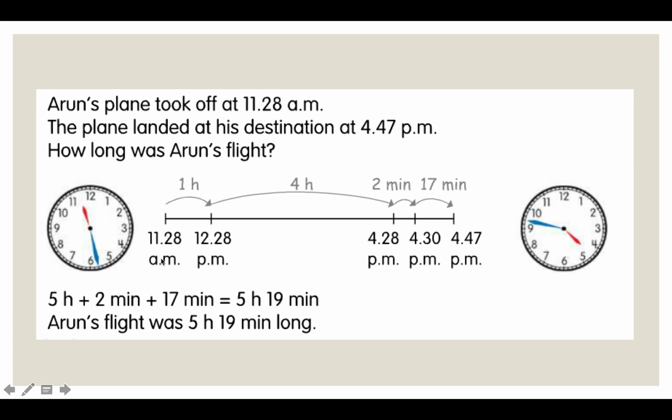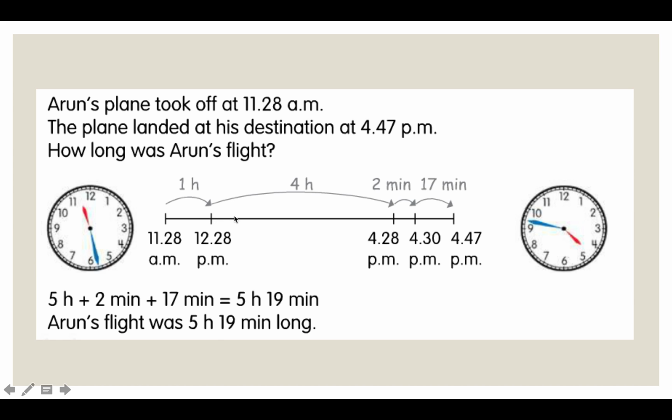11:28 a.m. we need to change it to p.m. first so that you don't end up writing 11, 12, 13, 14, 15 and you realize that you cannot reach 4. So 11:28 to 12:28, that is 1 hour. Now this is noon time already, so take out your finger and count. 12:28, you put it in your head.